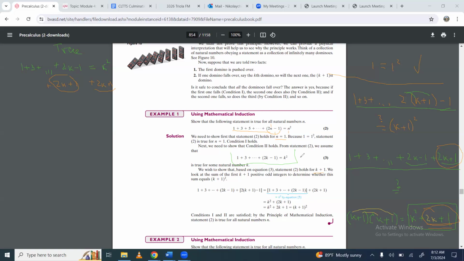And that's what they explained here in example 1. So I would recommend you to read this, because I know it's not obvious. You see this first time, it's kind of questionable.